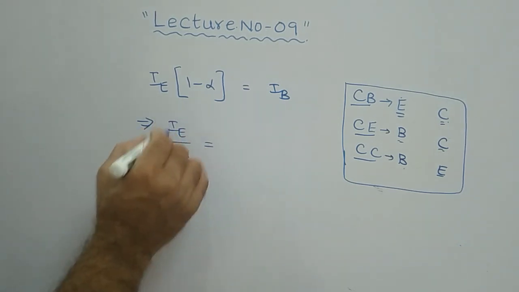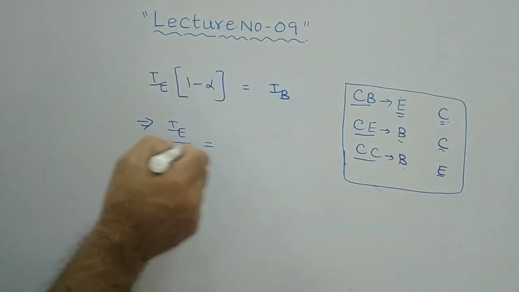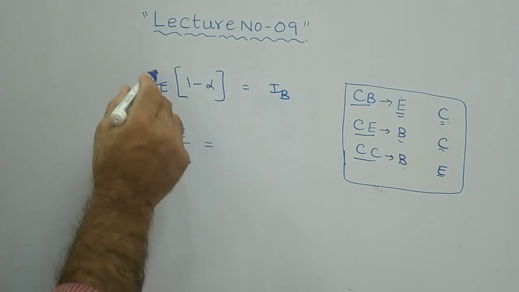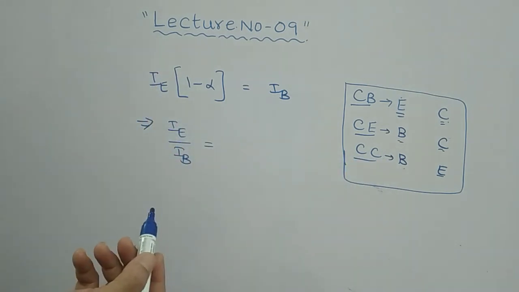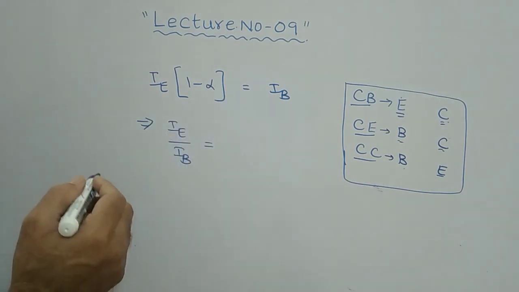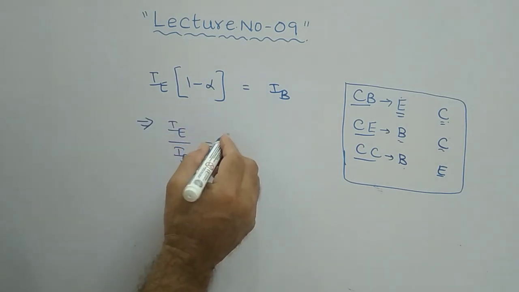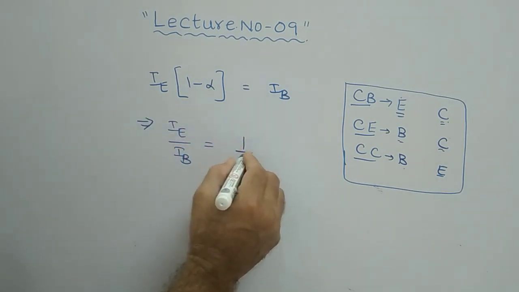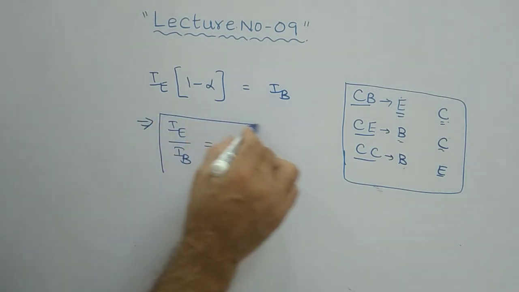This is with respect to the CC configuration, clear? Then IE by IB is equal to 1 by 1 minus alpha.